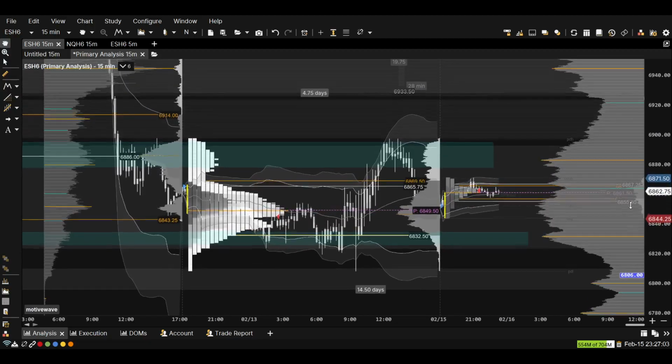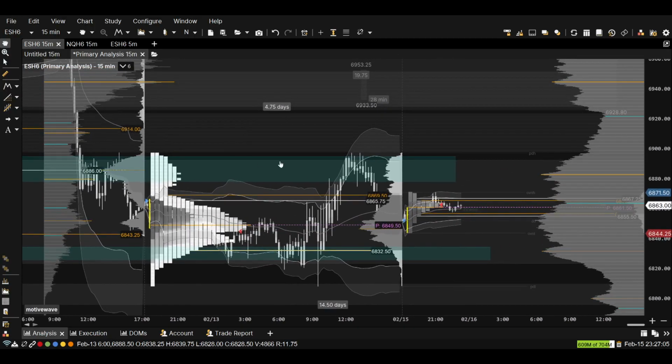And my anticipation for this week is maybe consolidation Monday, Tuesday, Wednesday around this huge balance. Why am I expecting this?